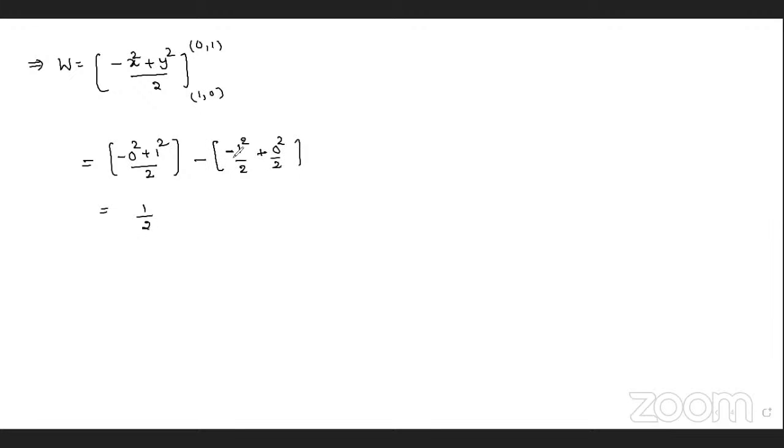Not 0. Minus of minus becomes plus, I am getting 1 by 2. I am getting 1. Is it 0 or 1? I think I am correct. Yeah, right, good. So here, this is 1 joule.